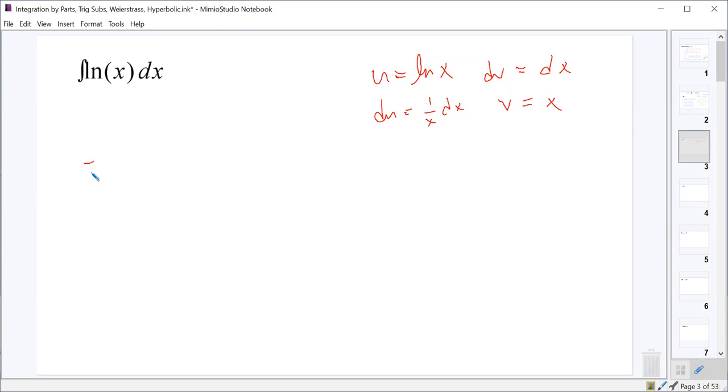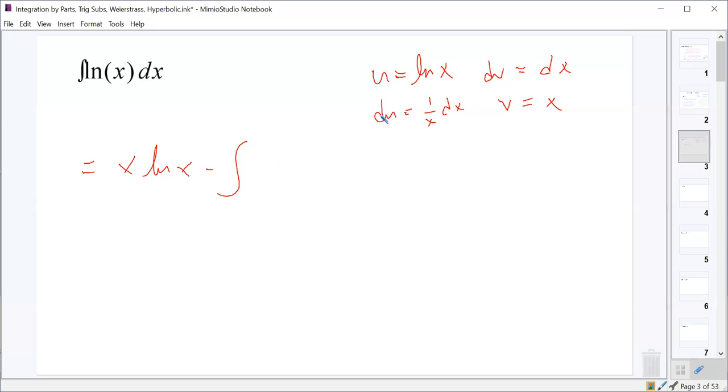It should be u times v, which is x natural log of x minus the integral of what? It should be v du, right?